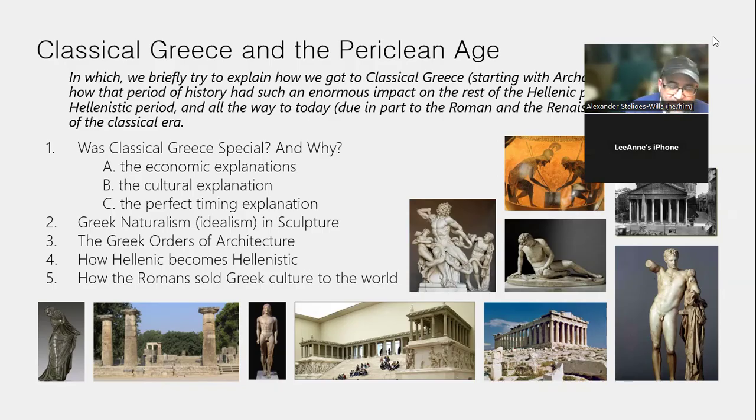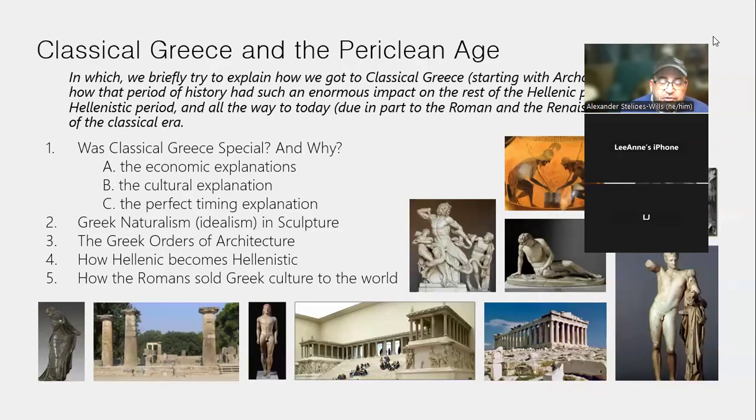Okay, all right. So classical Greece, where were we? Well, if you remember, in terms of history and art history, the last thing we were talking about was the expansion of the Persian Empire. I had mentioned how the Persian Empire had expanded all the way towards Greece, and that one of the surprising things historically was that Persia tried to expand into Greece and failed.